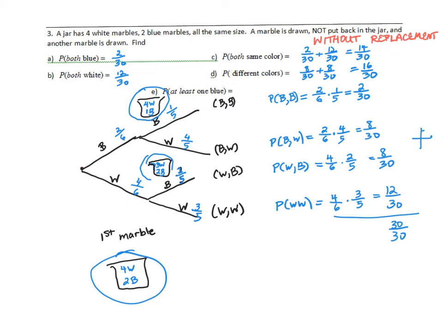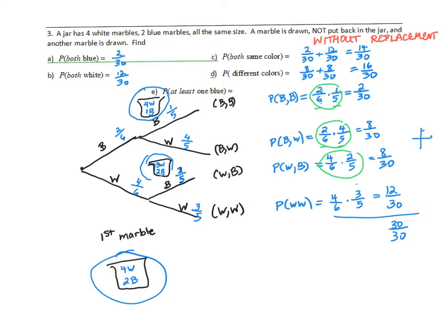Now, these probabilities, we don't really have to make a tree diagram for every problem. We could just reason it through. Because if we have 4 white and 2 blue, the probability of picking a blue is 2 out of 6. And if we already picked a blue, then that amount went down by 1 and we have 5 marbles left.